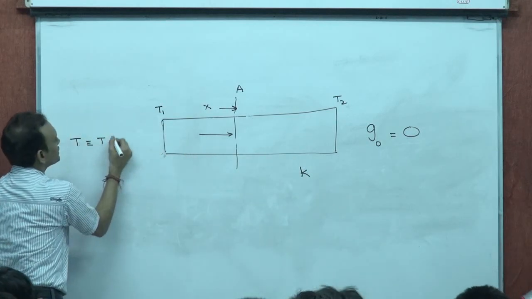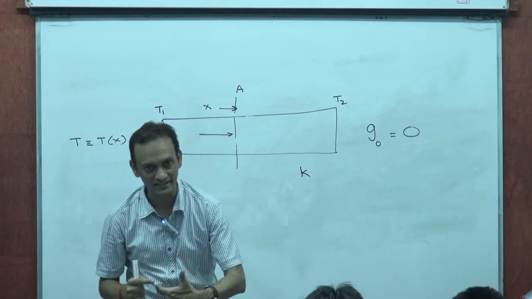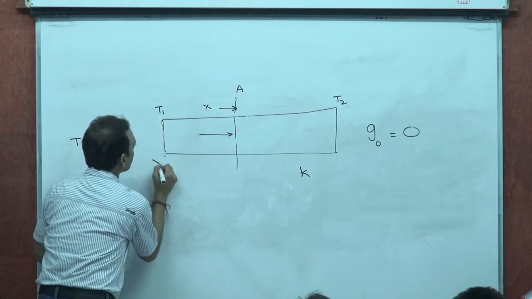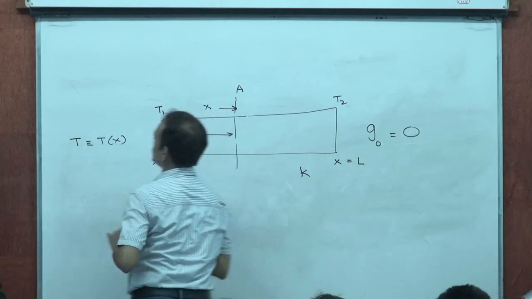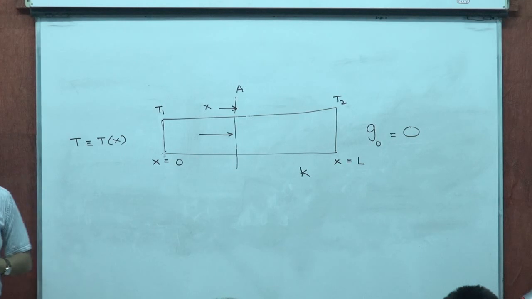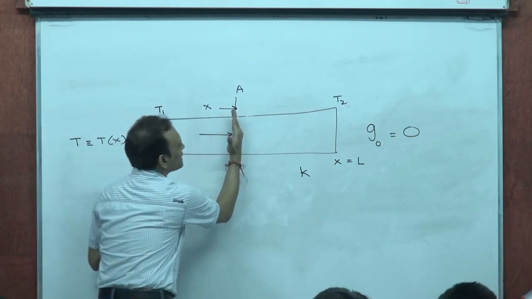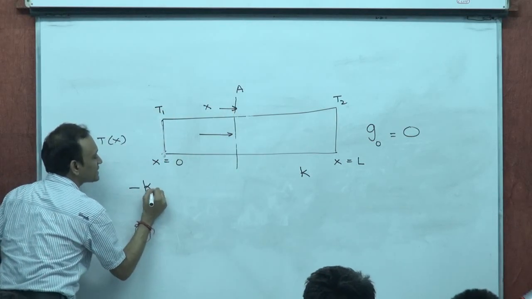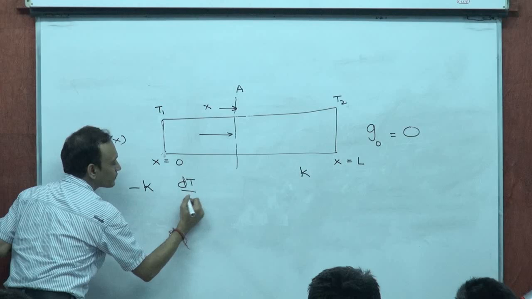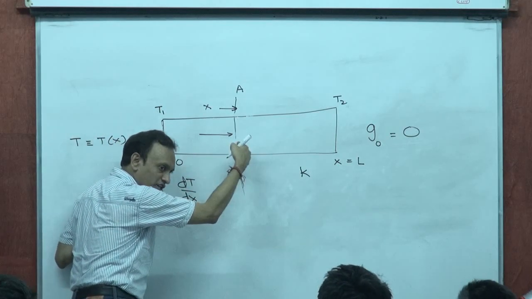Under steady state conditions, temperature would be a function of x alone. At x equal to 0, it's T1. At x equal to L, it's T2. Through any given cross section, what's the heat flux? The heat flux would be minus K dT/dx. That's the watts per meter squared flowing through this cross section.